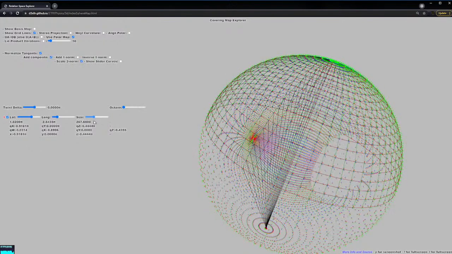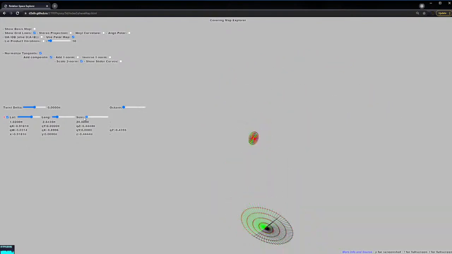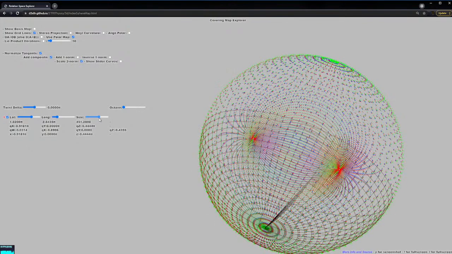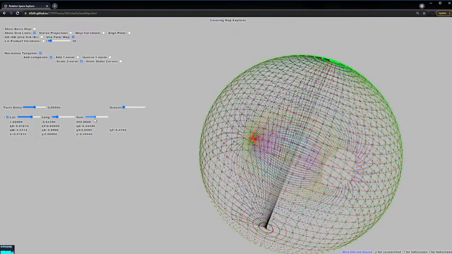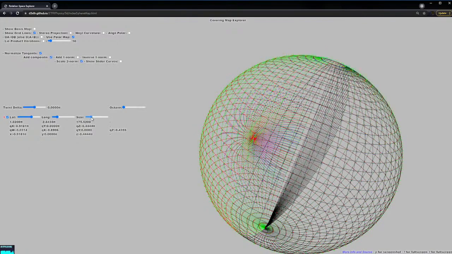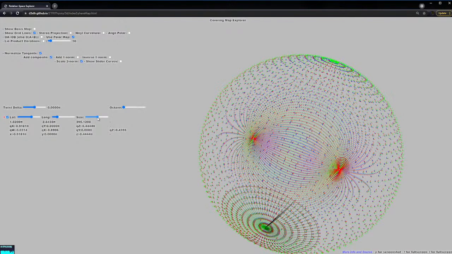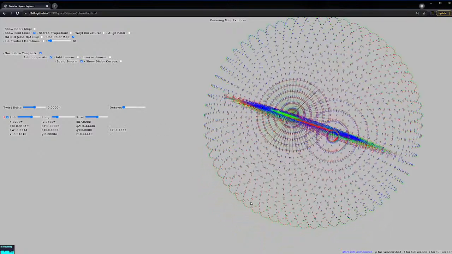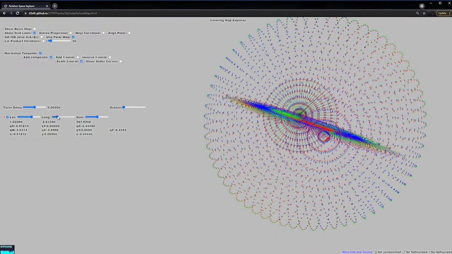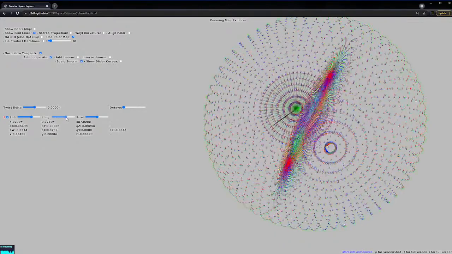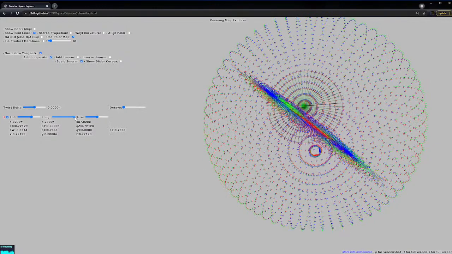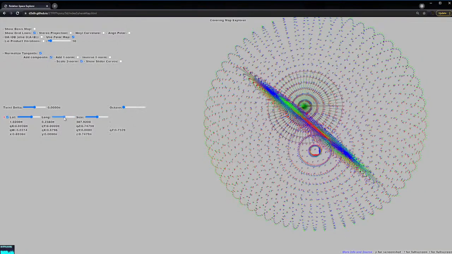So in this state, this covers the full plus 4 pi of rotations. And looking at it this way, it's basically always in a plane.